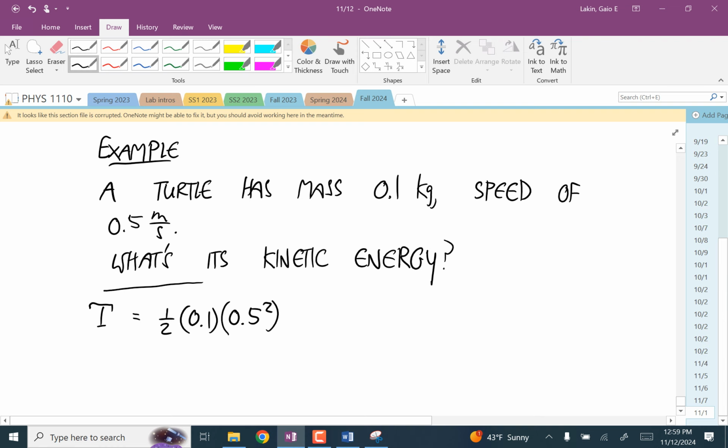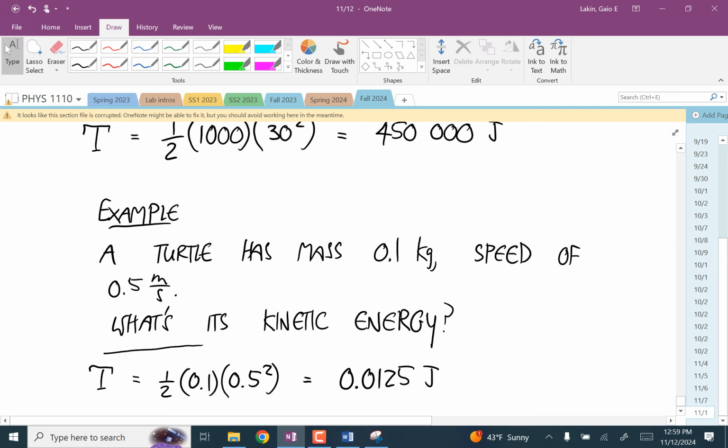And so that's 0.25, 0.125. So this comes out to be 0.0125 joules. And so now you look at your two rough calculations and you say, I'd rather get run into by the turtle, please. Any questions about that?